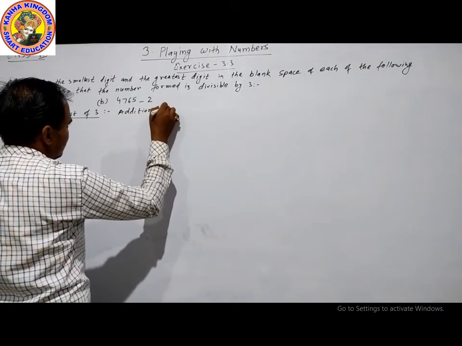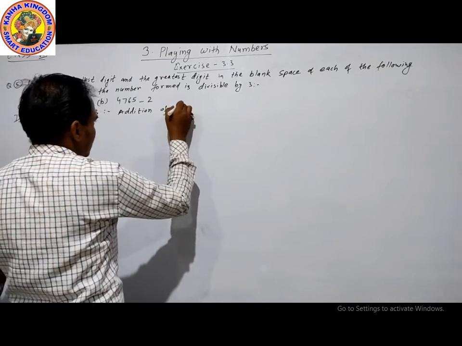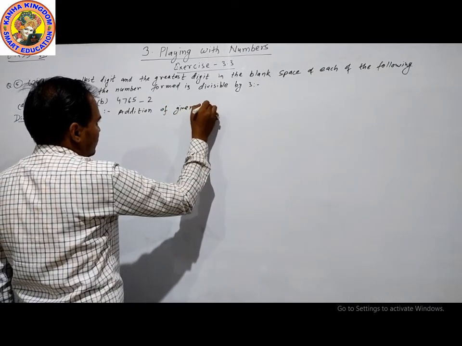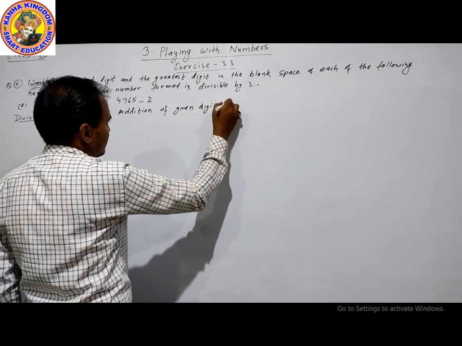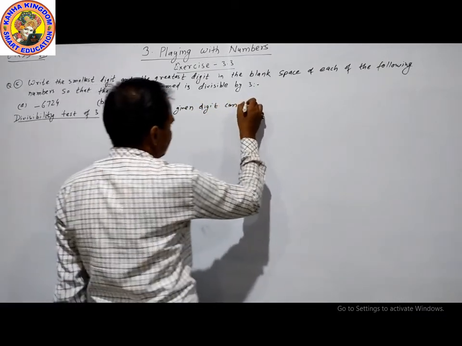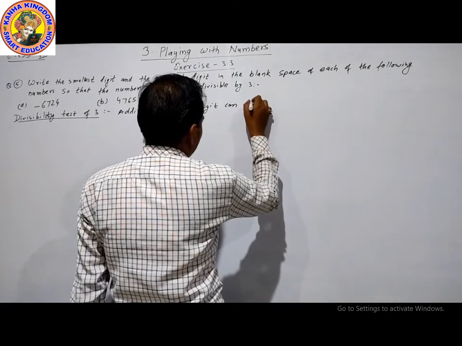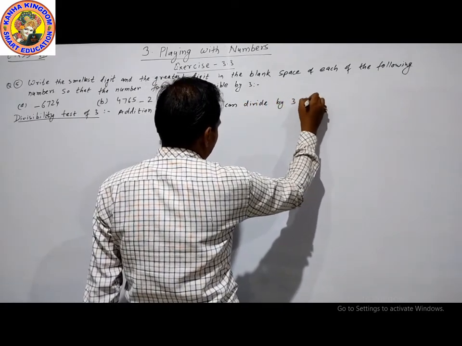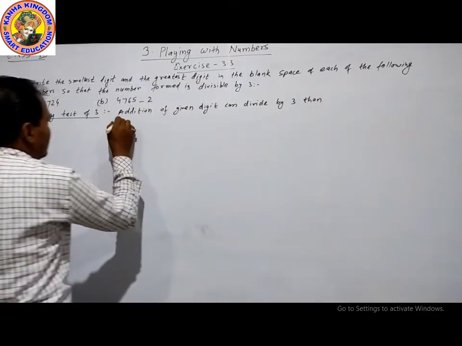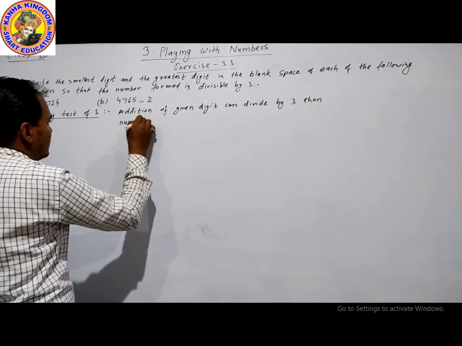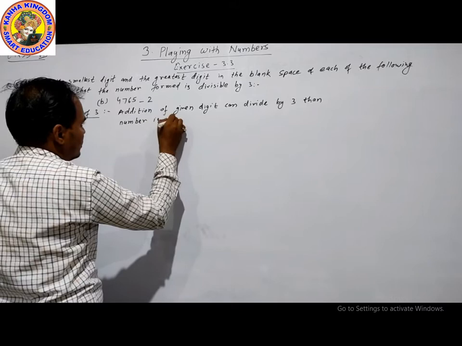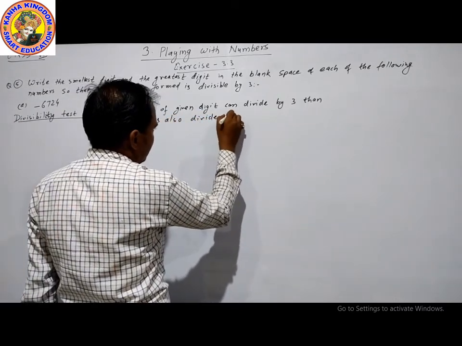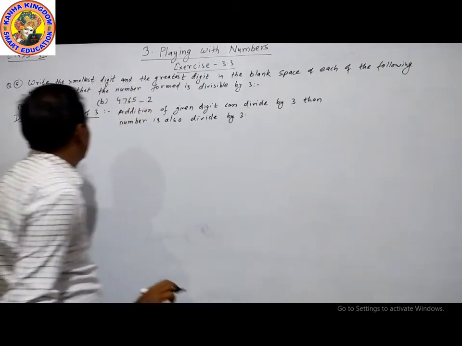If the addition of the given digits can divide by 3, then the number is also divisible by 3.